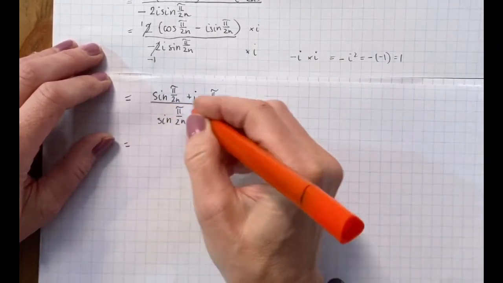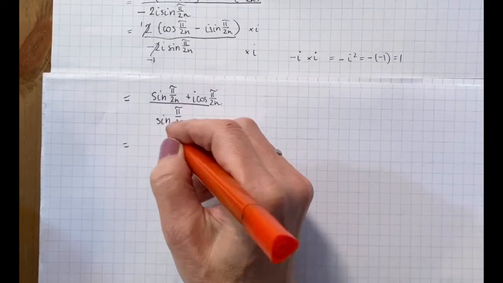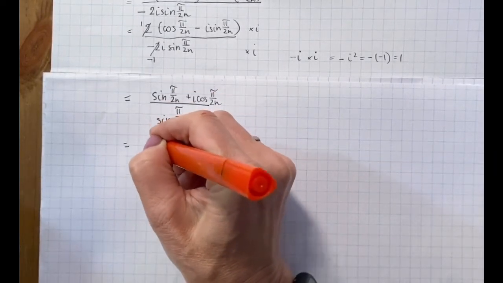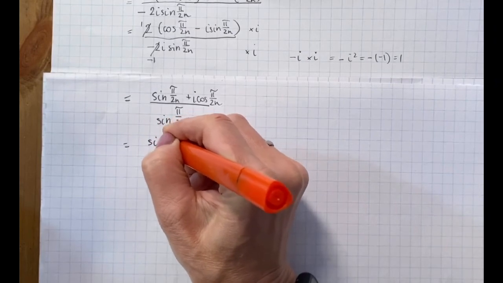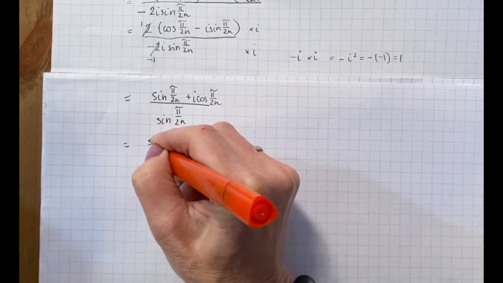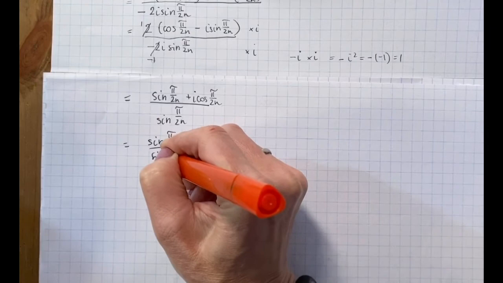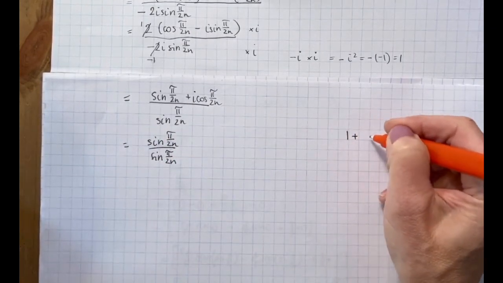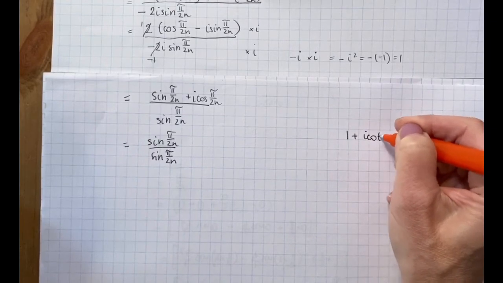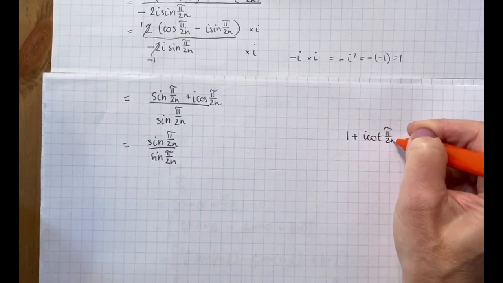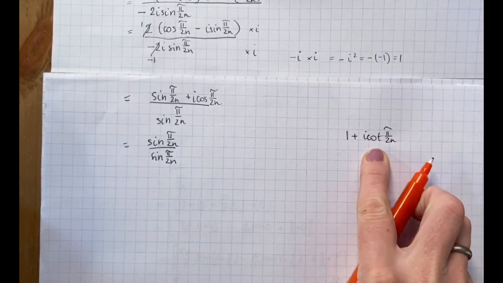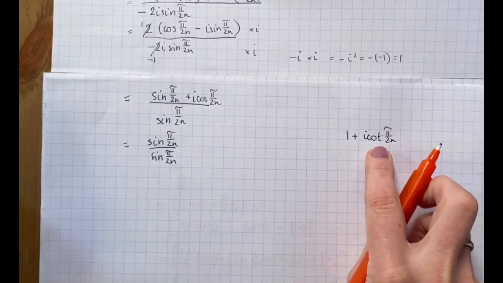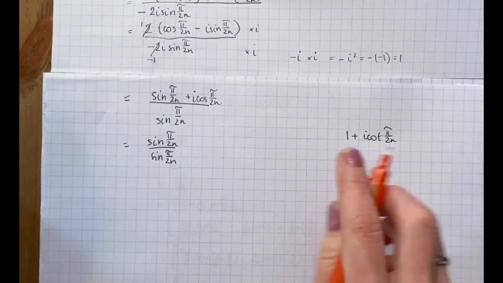Okay, now just separate, so let's split these. So sine pi over 2n over sine pi over 2n as your first part. And it's always a good idea to keep on glancing at what you are aiming for. We're aiming for 1 plus i cot pi over 2n. So remember, cot pi over 2n is going to be equal to cos pi over 2n divided by sine pi over 2n.